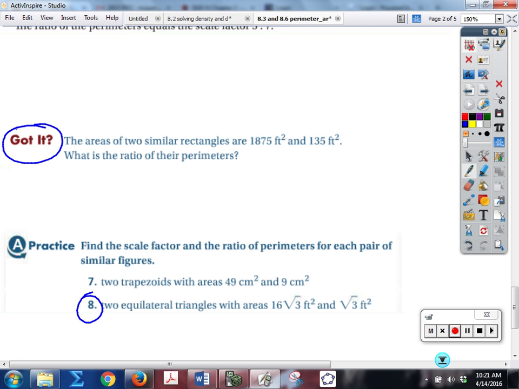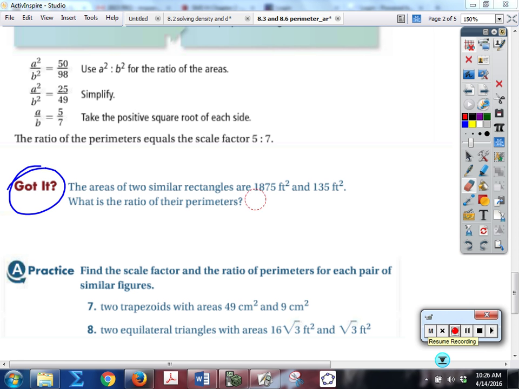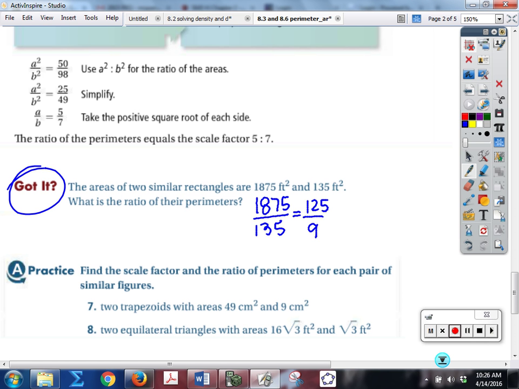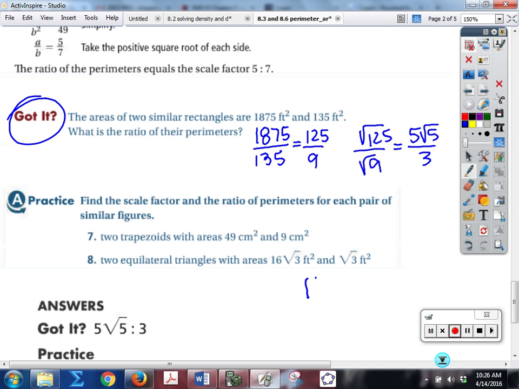Is it the left over the right? Yeah. If it doesn't say, just do left over right, first one over second. So don't forget as you do it that once you simplify your fraction, square root it. Yep.